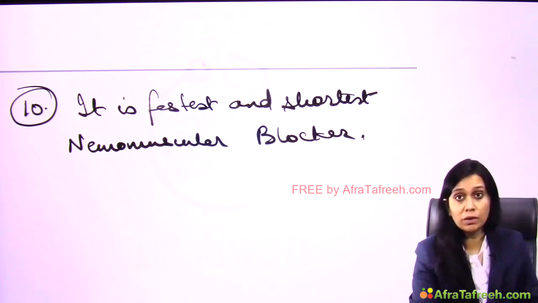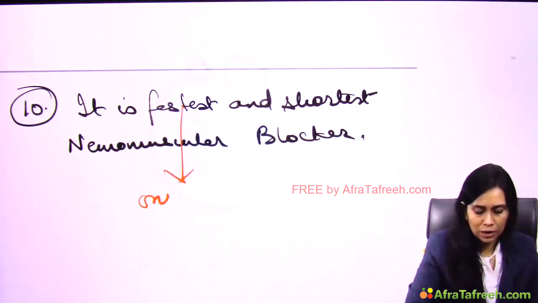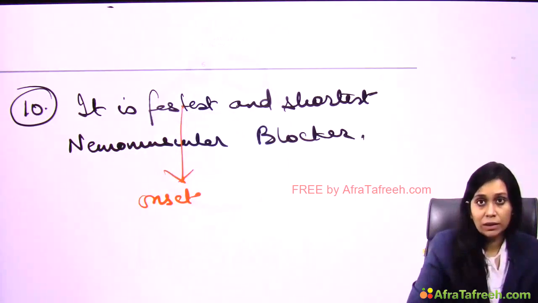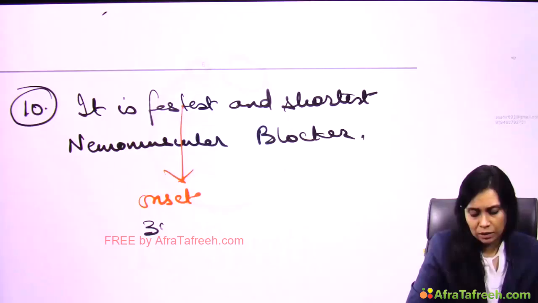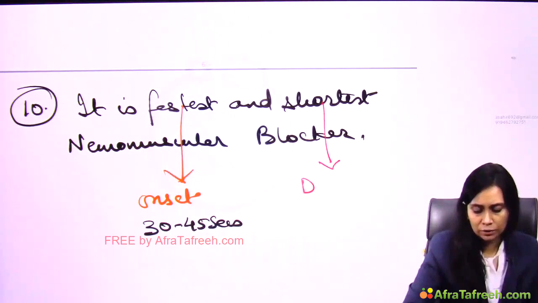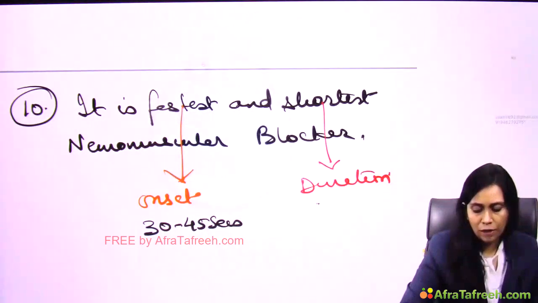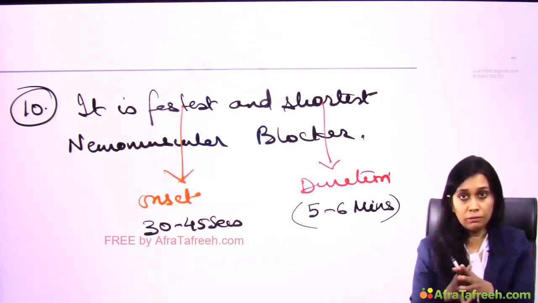I mean fastest onset: when I give it, the paralysis produced by succinylcholine is within 30 to 45 seconds. And shortest duration: the duration is 5 to 6 minutes maximum. So fastest onset, shortest duration, succinylcholine.